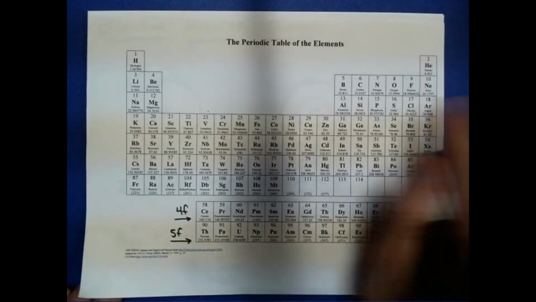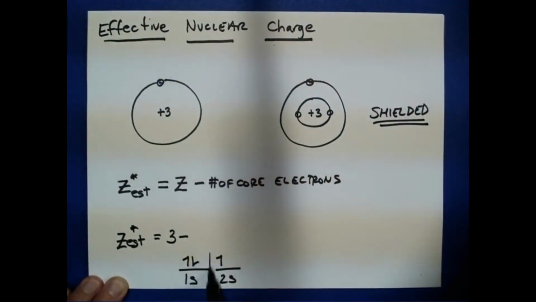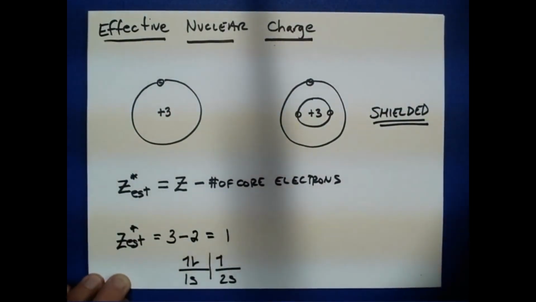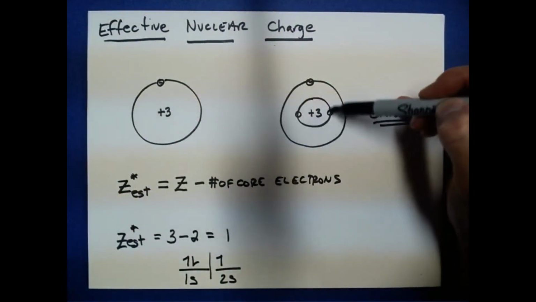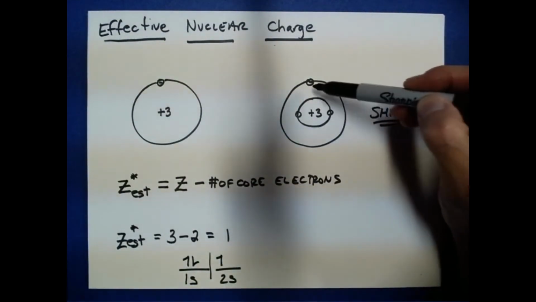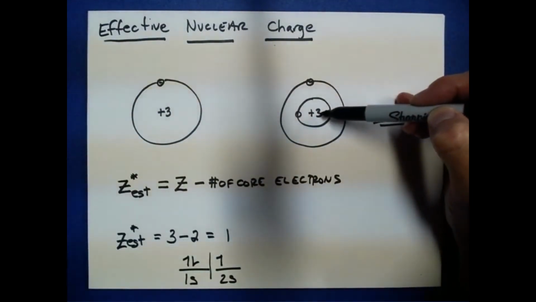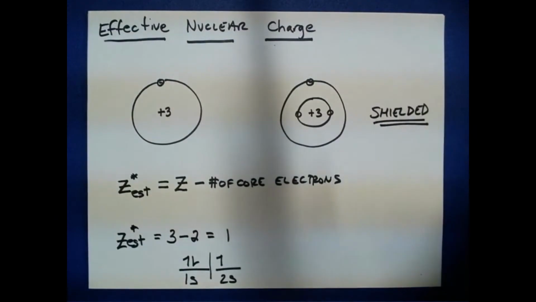So we see in this case that there are 2 core electrons, and 3 minus 2 gives me an effective nuclear charge of 1. And so what that means is, with these 2 electrons in the way, shielding this outer electron from the nucleus, this electron, in a sense, feels a +1 nuclear charge rather than the full-blown +3 nuclear charge that exists in the actual nucleus.